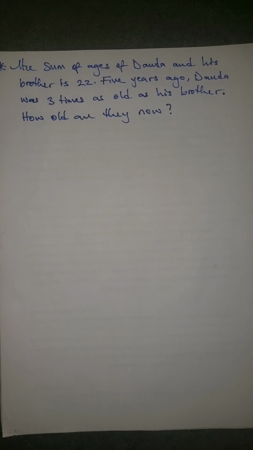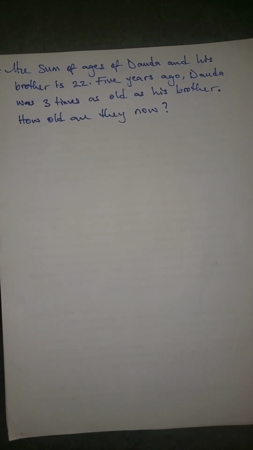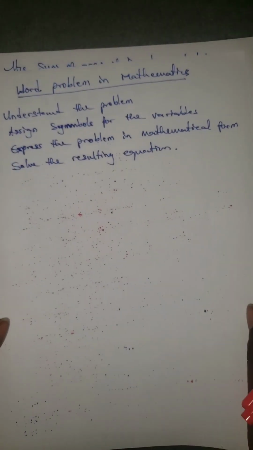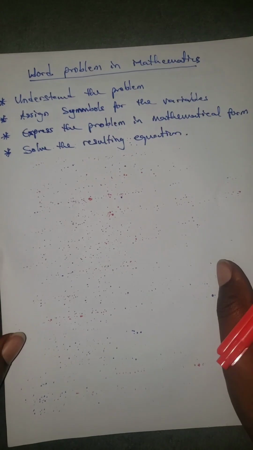From there we can proceed to the ones that will lead to one linear, one quadratic simultaneous equation. So, starting with our first example, remember the steps for your word problem.